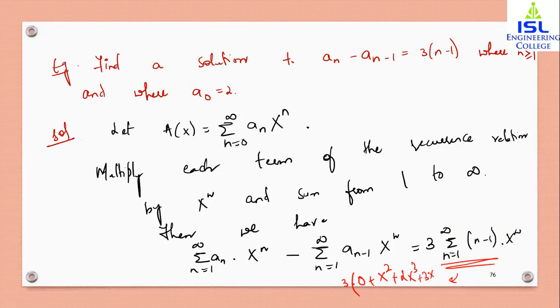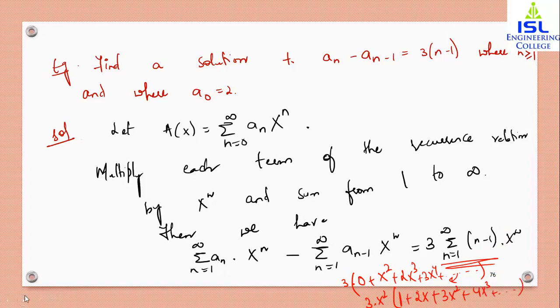And 3x power 4, and this will go on. Now I can take x square common. So 3 into x square plus, in the bracket the first term will be 1 plus 2x plus 3x square plus 4x cube, and this will continue.